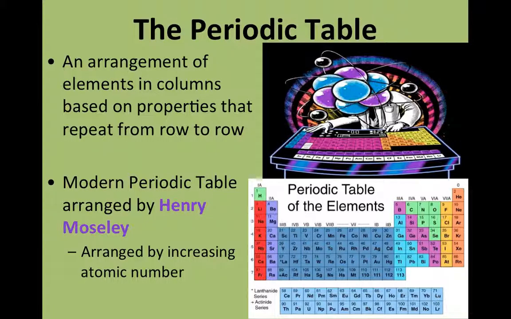But then later, this guy from England, Henry Moseley, re-examined the periodic table and realized that he could arrange it by increasing atomic number. And that's how currently, when we look at the periodic table, it is by increasing atomic number.